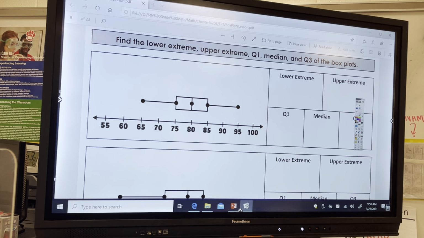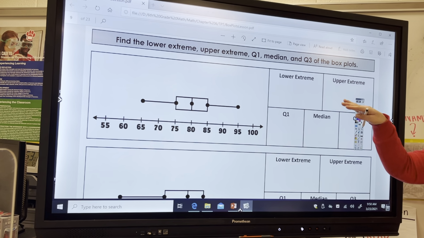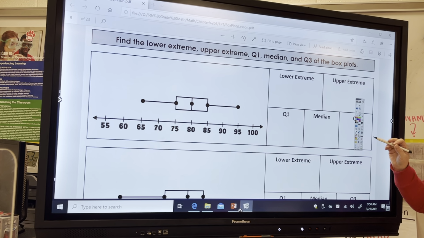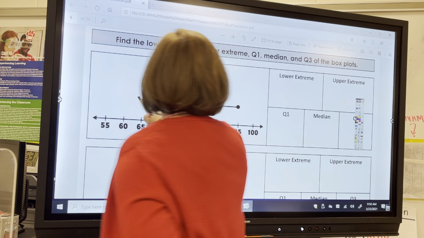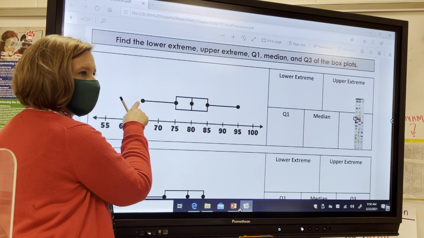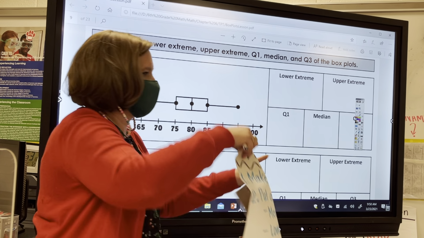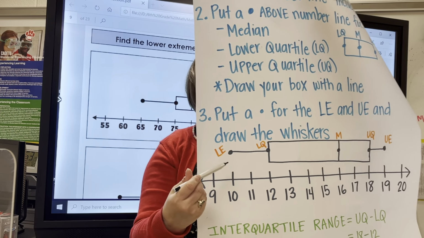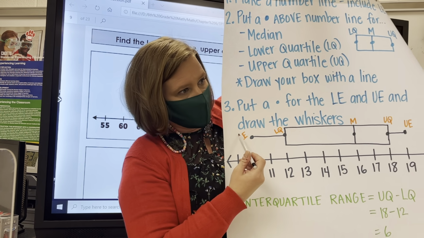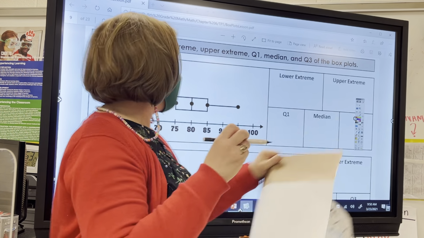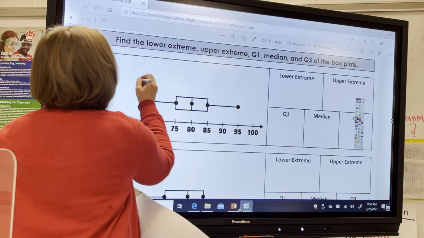So let's look. The lower extreme. When you get a box plot like this, I want you to always, always, always label it, okay? What does this dot show us? The dot farthest to the left shows us the lower extreme. So I'm going to put LE, all right? What dot comes second?